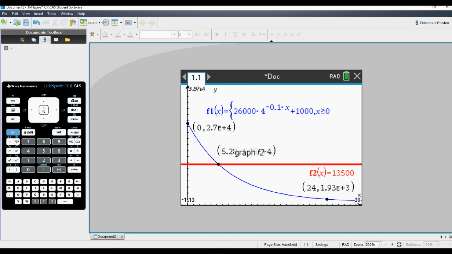So the point is t equals 5.28, and the y value is just half of the initial purchasing price. So from the graph, we know that it's 5.28.